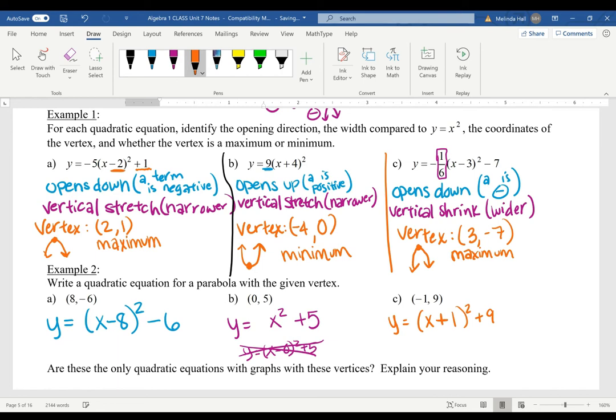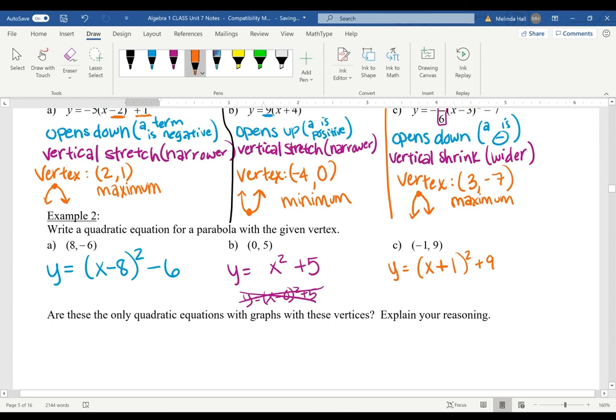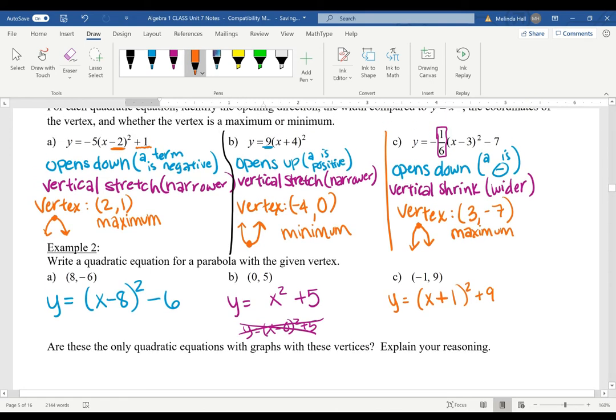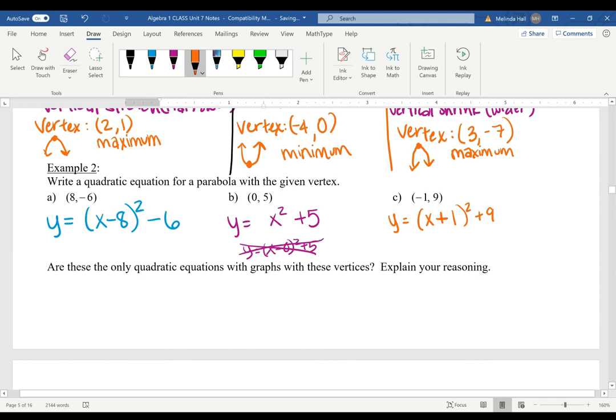Okay? So the question is, are these the only quadratic equations with graphs with these vertices, and why? Well, if you think about it, all of these graphs, I can graph all of these. But if you look up at the ones that we were just doing before it, we were adding numbers in front of them, which means they would, even though these vertices in example 2 don't match the vertices from example 1, I could change these equations and add numbers in front of the x squared and still have the same vertex, but just change its width.